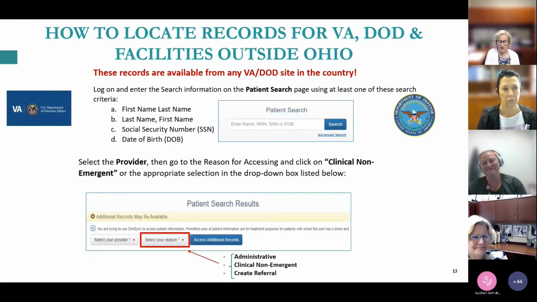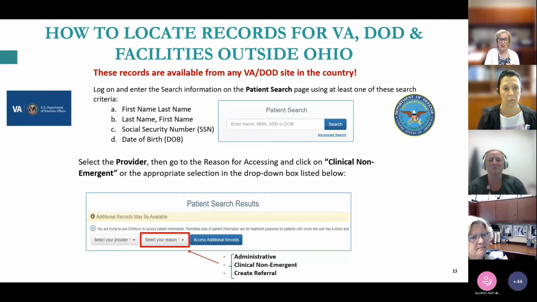And then in addition to the VA records, you can also obtain Department of Defense and then the facilities outside of Ohio. And I'm sure that they'll be very helpful to hospitals that are close to the borders. And getting to those records is pretty easy. So when you first log into CliniSync, you'll log in by entering name, social security number, date of birth.